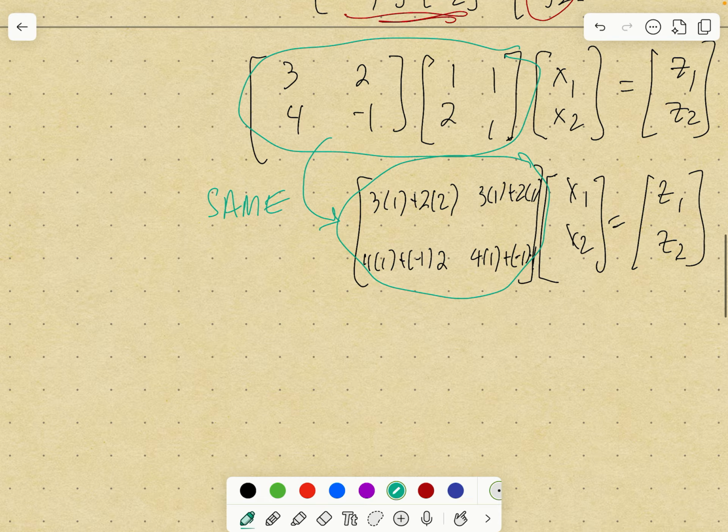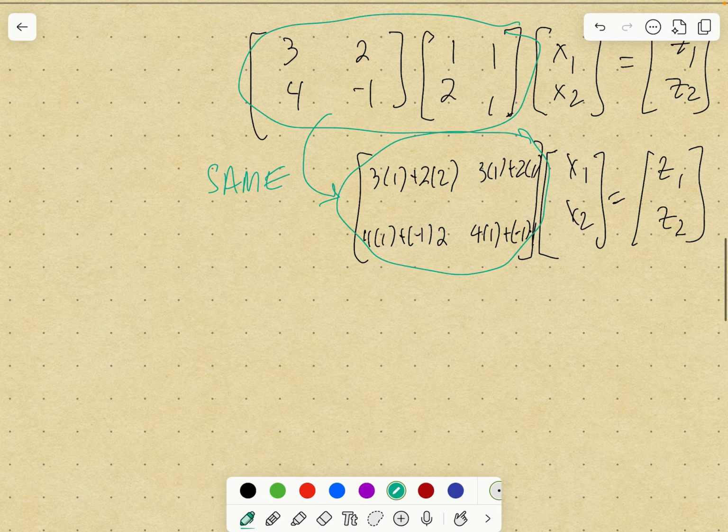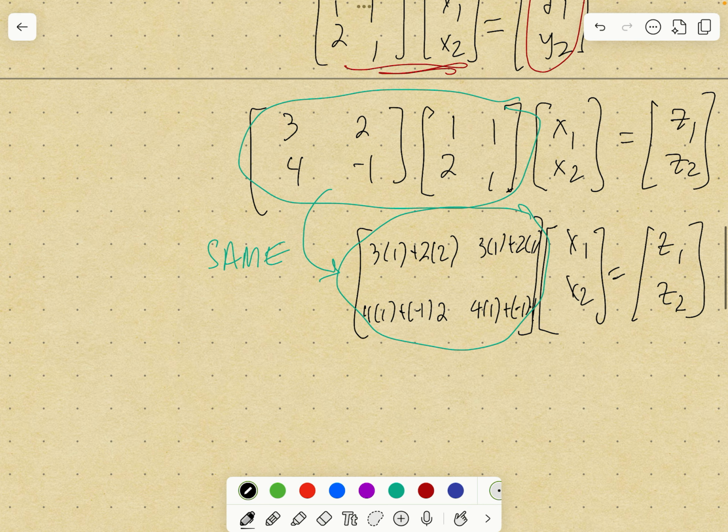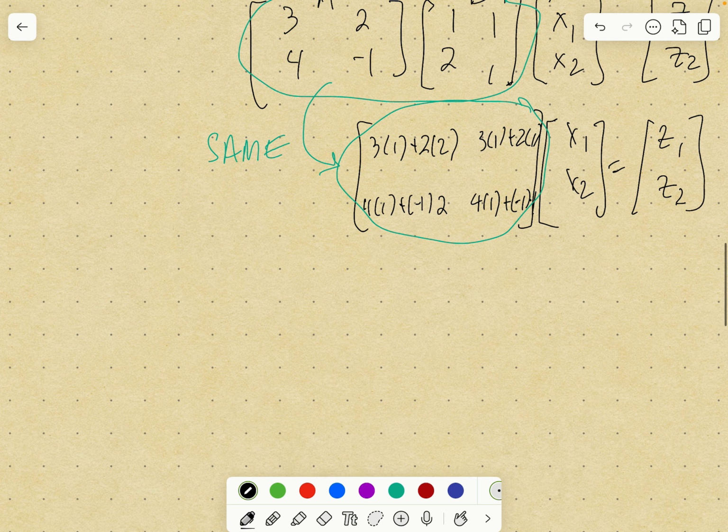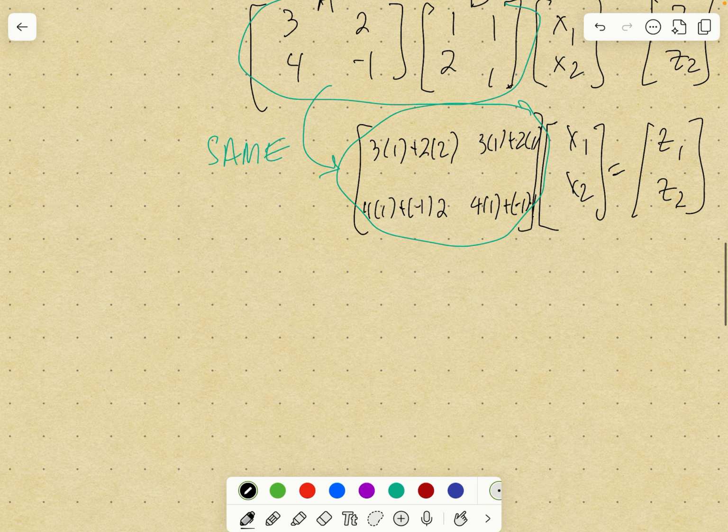And that's how we define matrix multiplication. One way to help remember the definition is, if this is your matrix A and that's your matrix B, you take your matrix A, you put the rows like this. Here's one way to do it.